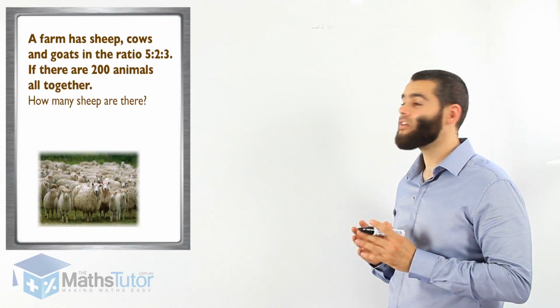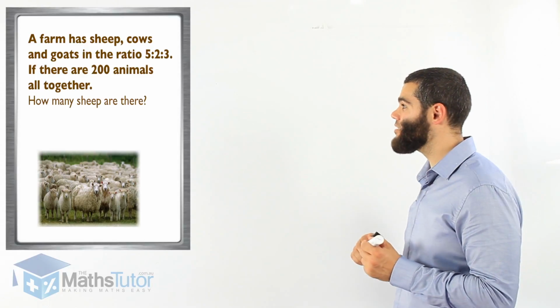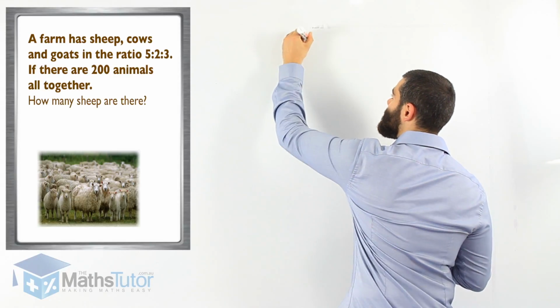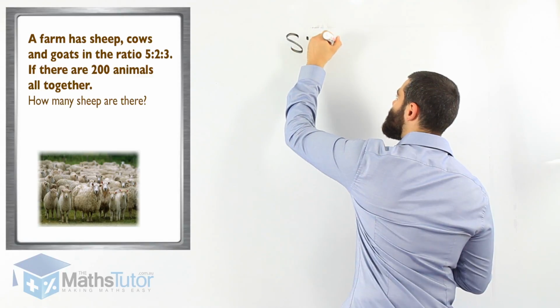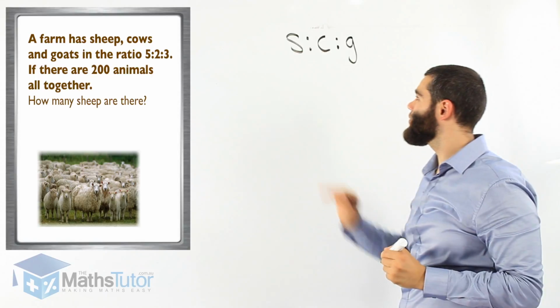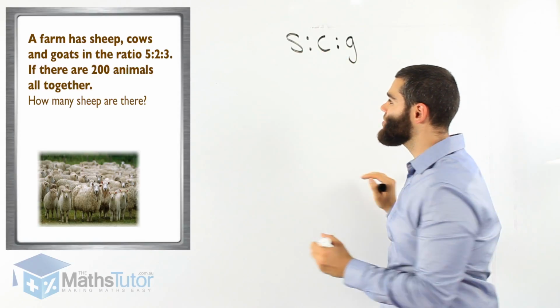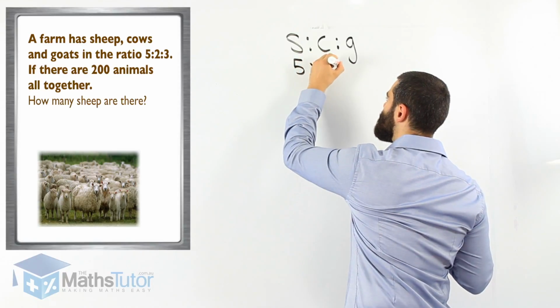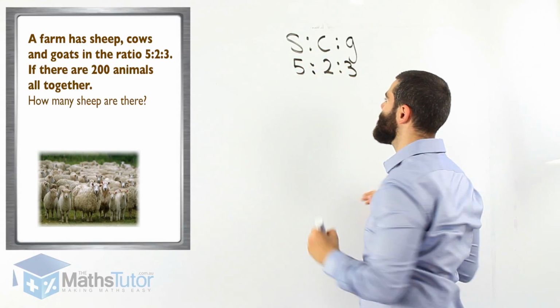So we have sheep to cows to goats in the ratio 5, 2 and 3.